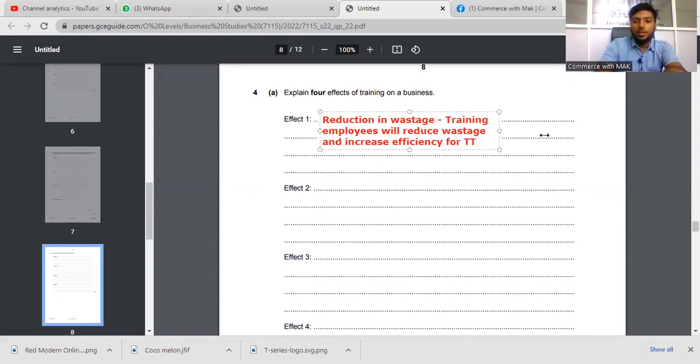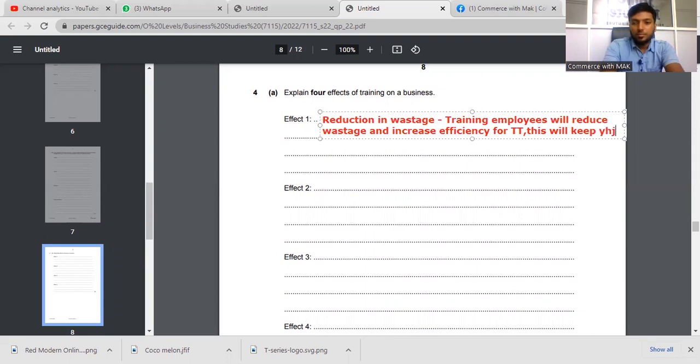You can also write this will keep the cost of production low.